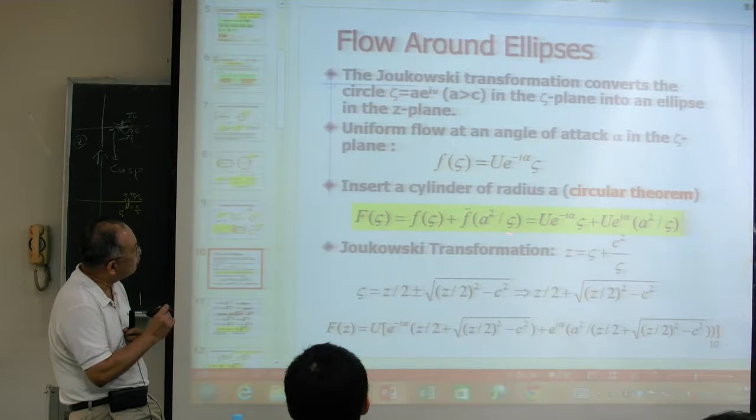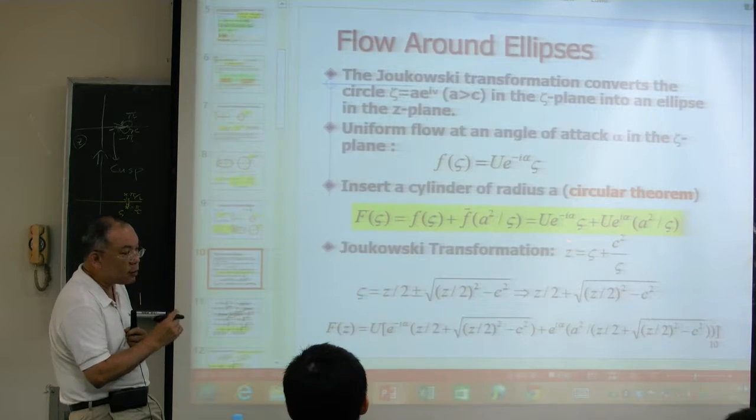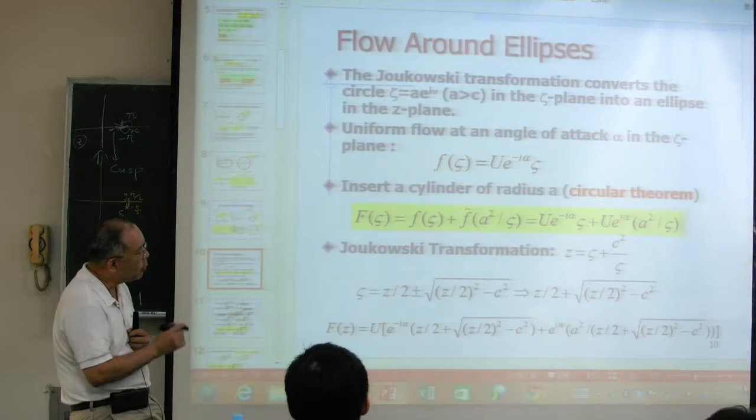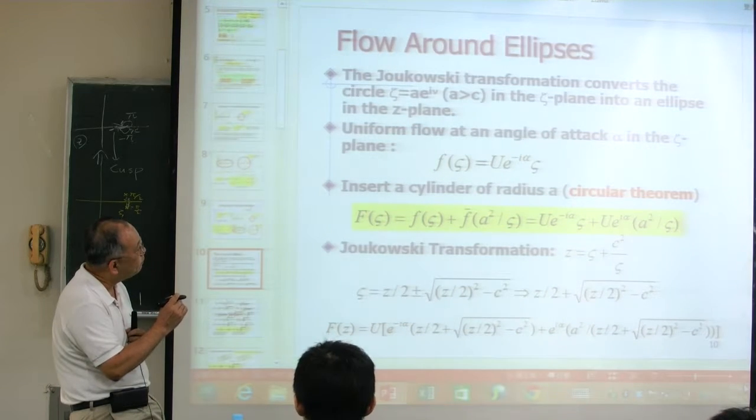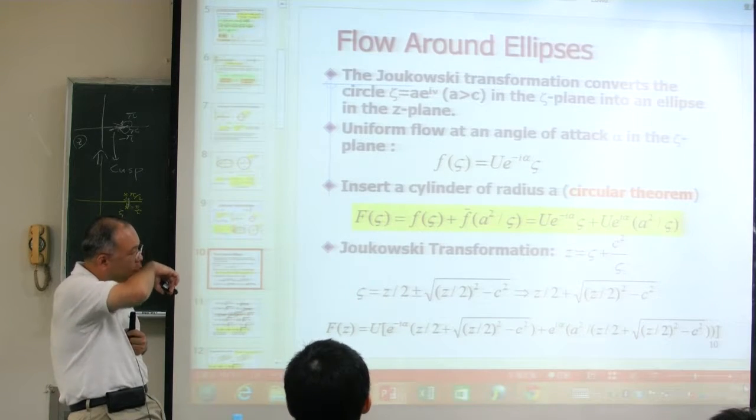And for this, what happened? We have to change to the complex conjugate. So for the complex conjugate, the minus i alpha here should be changed to positive i alpha, and zeta here should be changed to A squared over zeta. So this is flow over a cylinder with angle of attack alpha, right? Okay, we already mentioned that in the previous lecture.